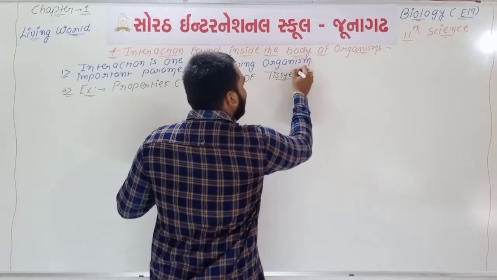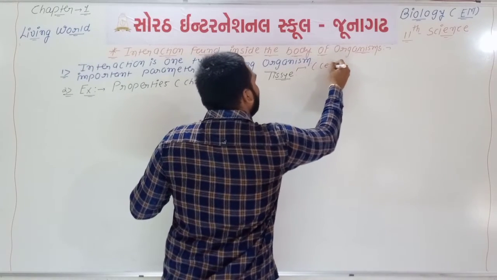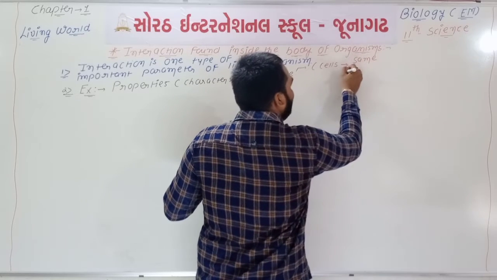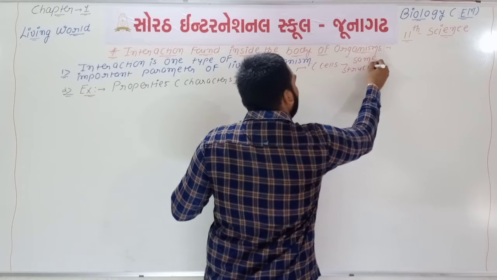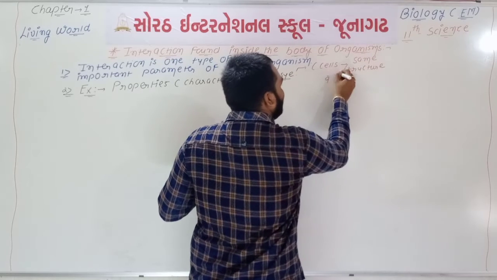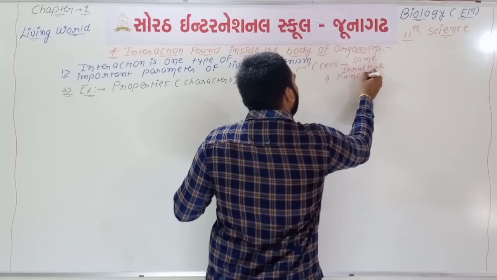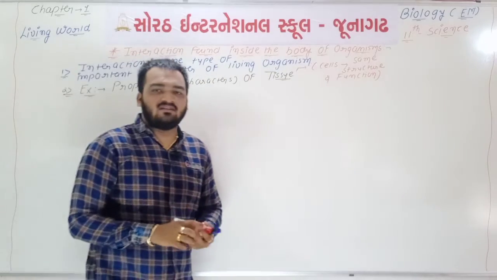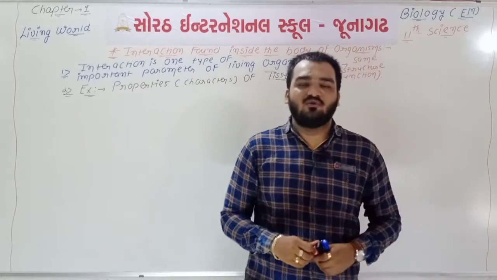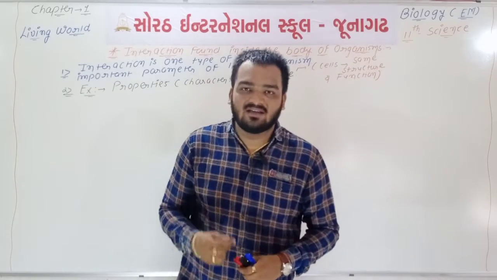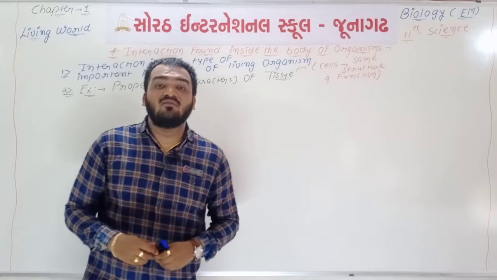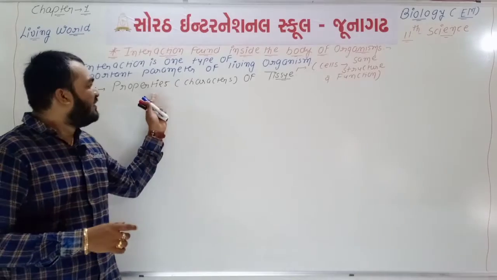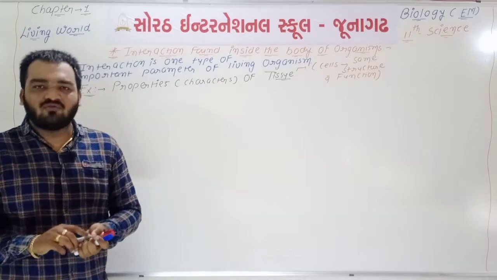You know that cells having the same structure and the same function will form tissue. Any two cells will not form tissue, but cells having similar structure and similar function will form a particular tissue. So we are talking about the properties or characters of tissue.